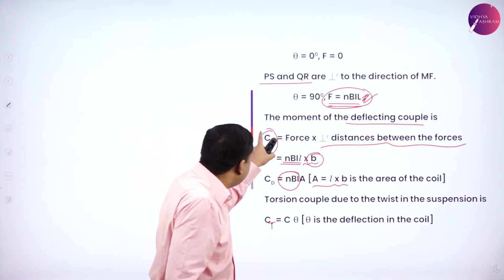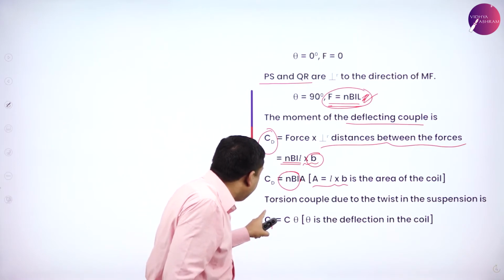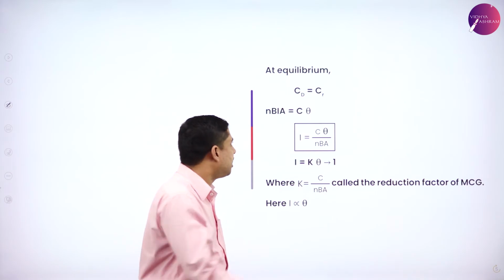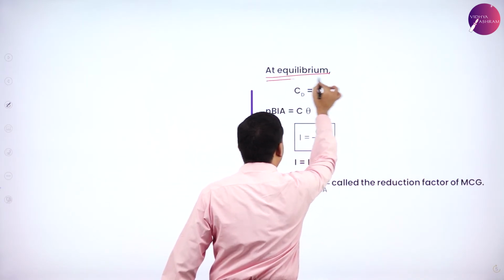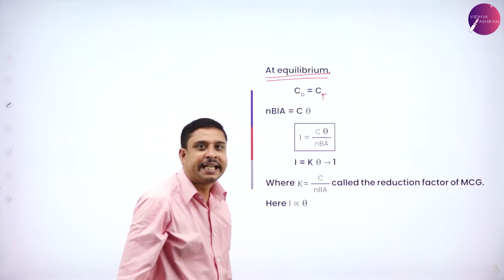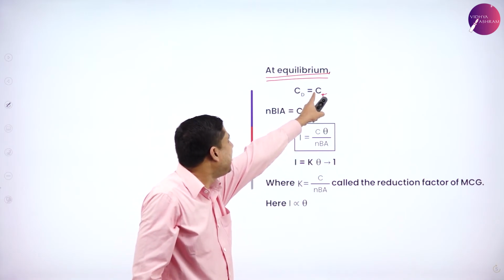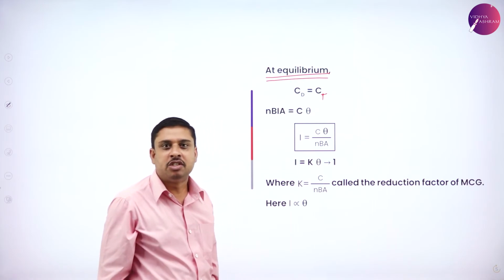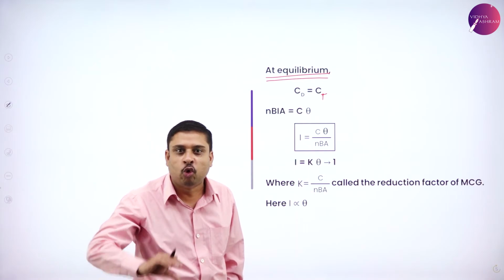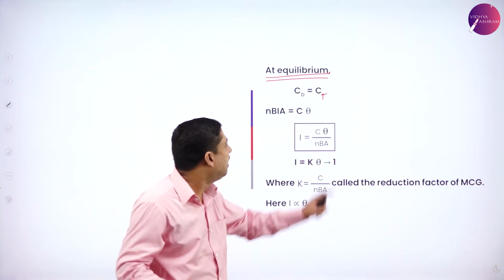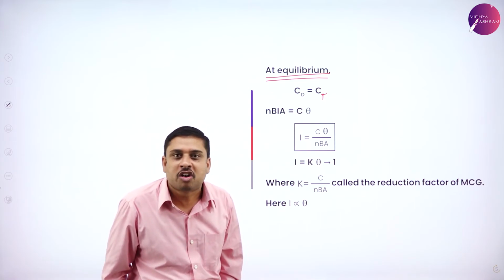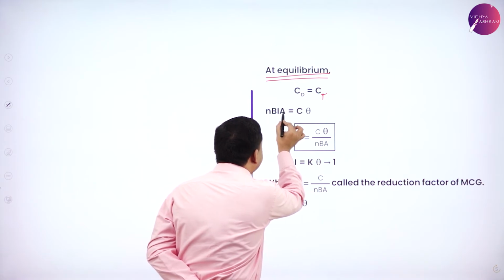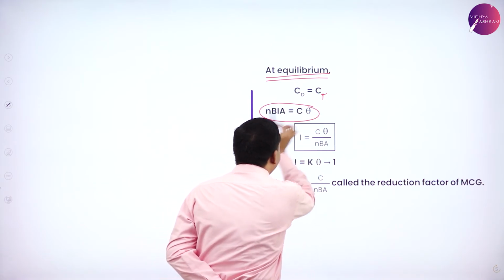So I have a deflecting couple, I have a torsional couple. Very clearly, at equilibrium, deflecting couple should be equal to torsional couple. NBIA is C theta. I am equating them.